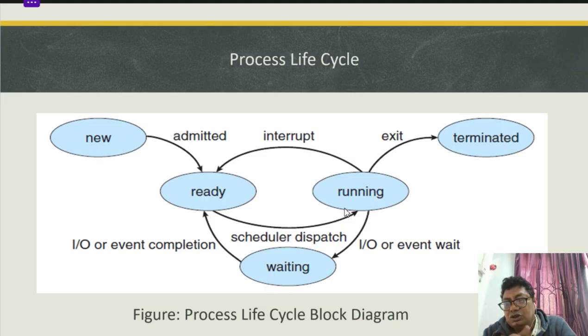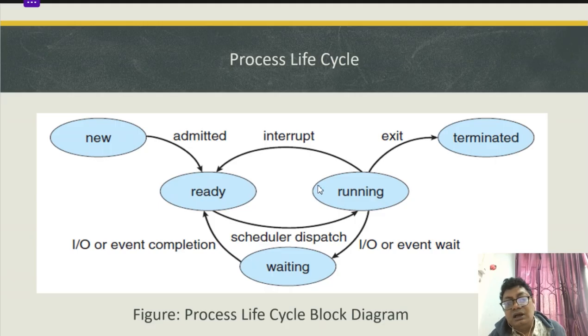So we can say that if we stop any process in main memory, then it is called scheduler interrupt. Scheduler interrupt. Okay, it is called scheduler interrupt. It is showing that if it is scheduler interrupt, then it goes from running to ready.